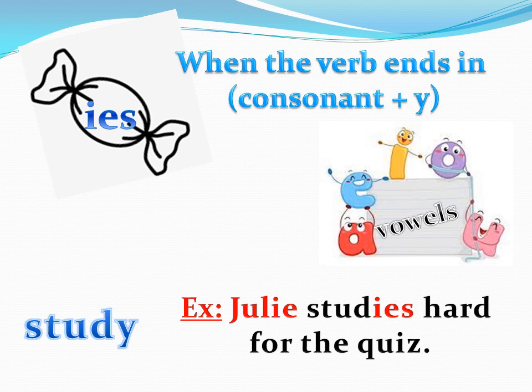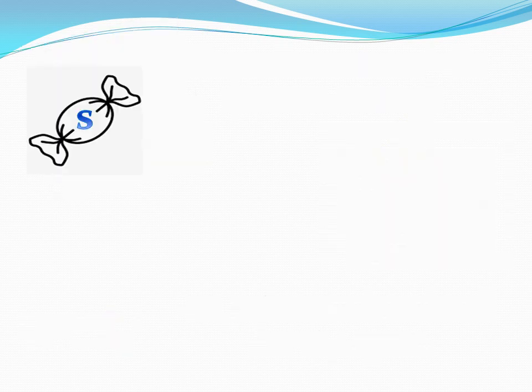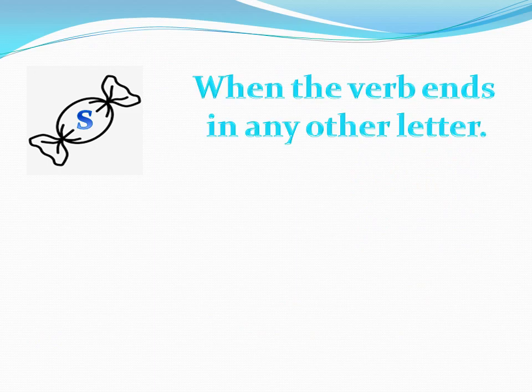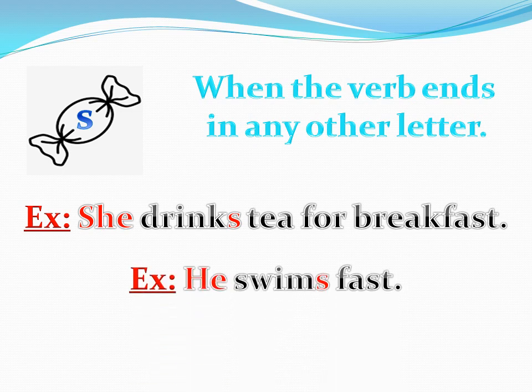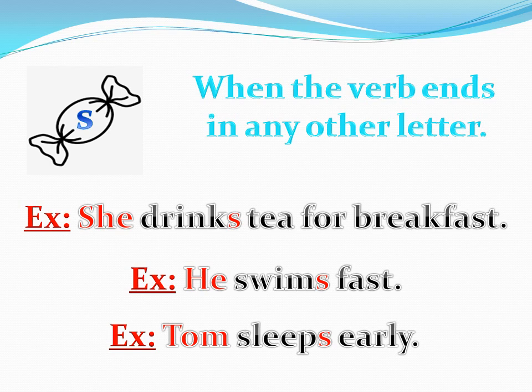There is one sweet S. When do we use it? We use it when the verb ends in any other letter. She drinks tea for breakfast, so drink ends in K, so we add only S. He swims fast. Tom sleeps early.